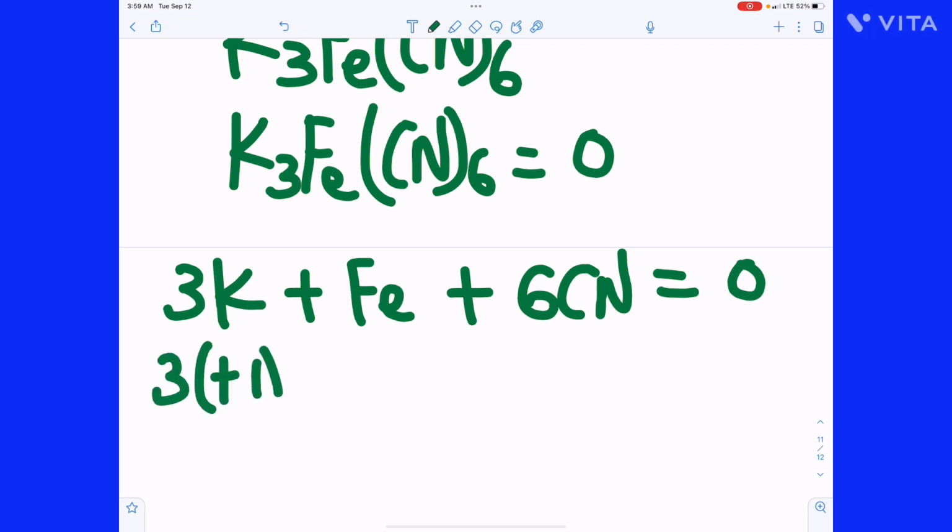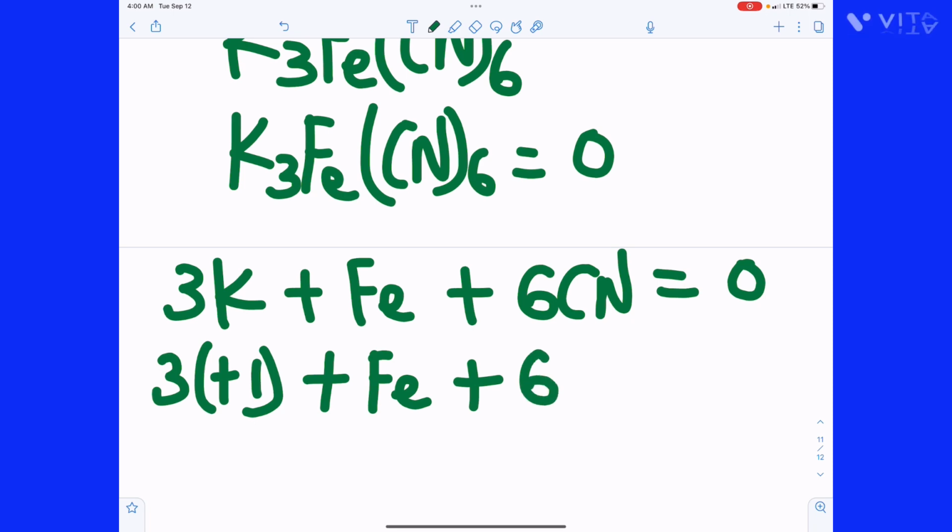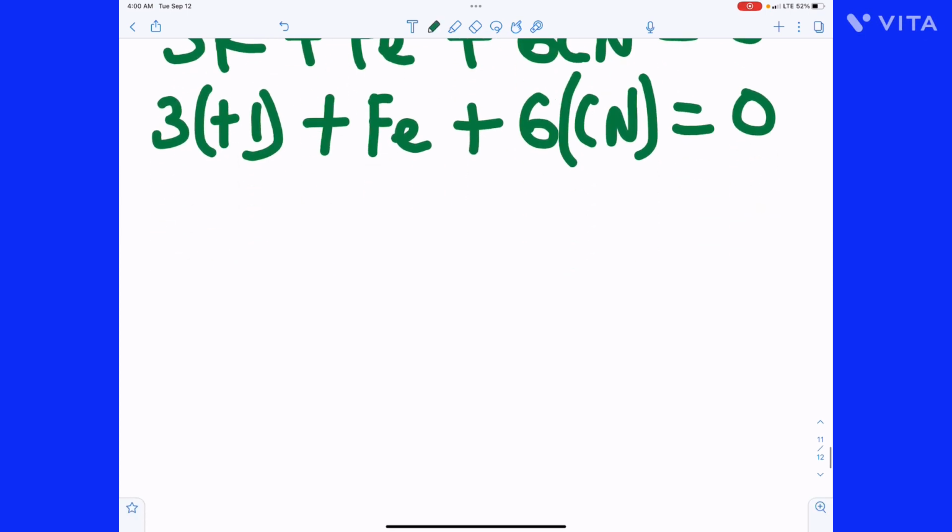So 3 times plus 1 plus Fe plus 6 times CN is 0. Let's now spread it out properly.